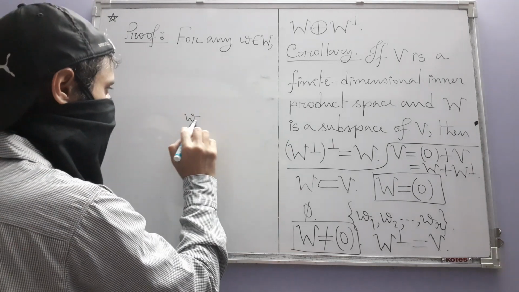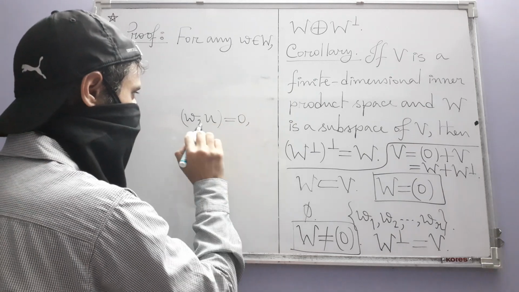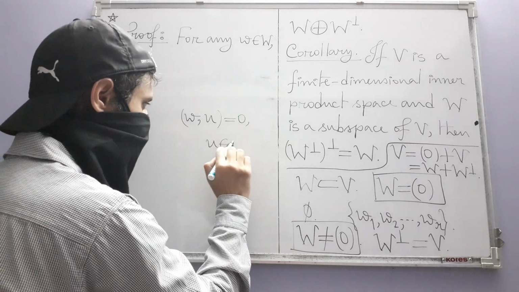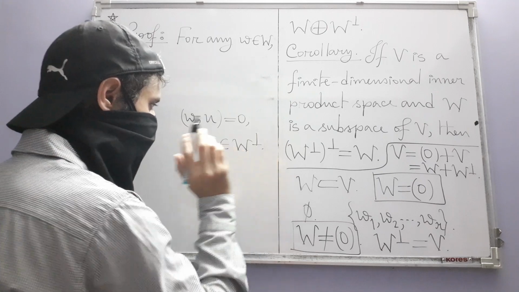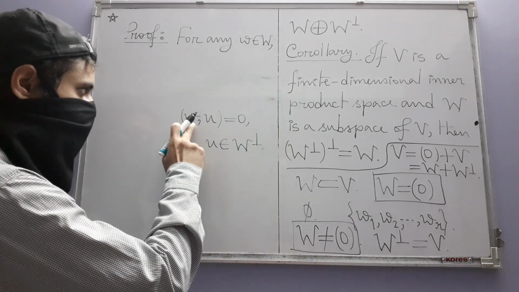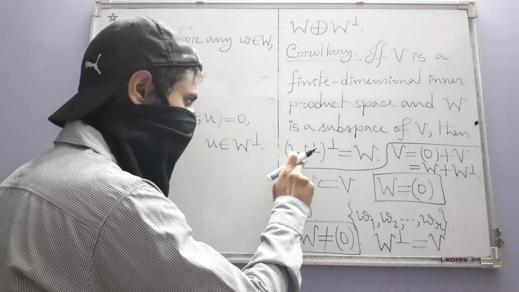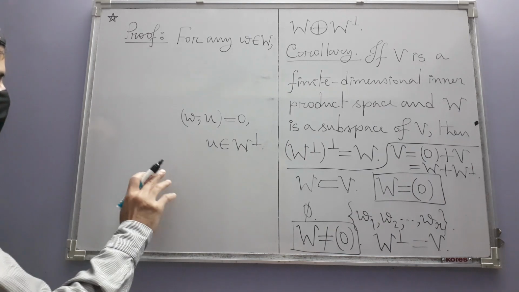We have to show that w is orthogonal to every vector u in the orthogonal complement of W, because then by definition w will belong to the orthogonal complement of this, that is this. Let's see if that is true.